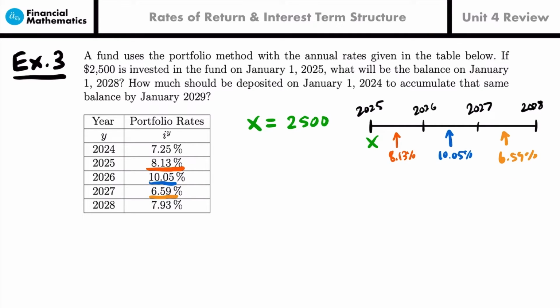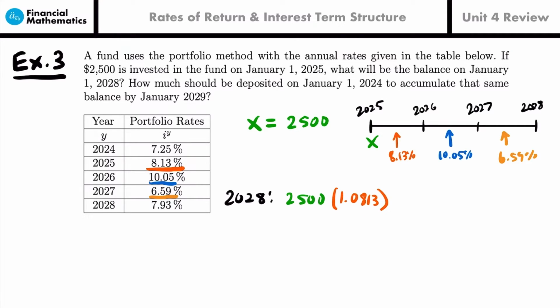And so let's accumulate this $2,500 investment to the beginning of 2028. The value in 2028 will be $2,500 times 1.0813, right? That is 1 plus this portfolio rate, but as a decimal, of course. 8.13% is the same as 0.0813.